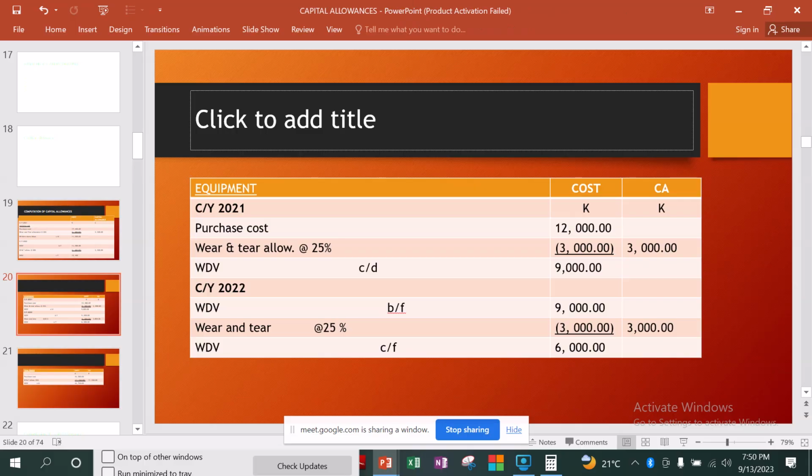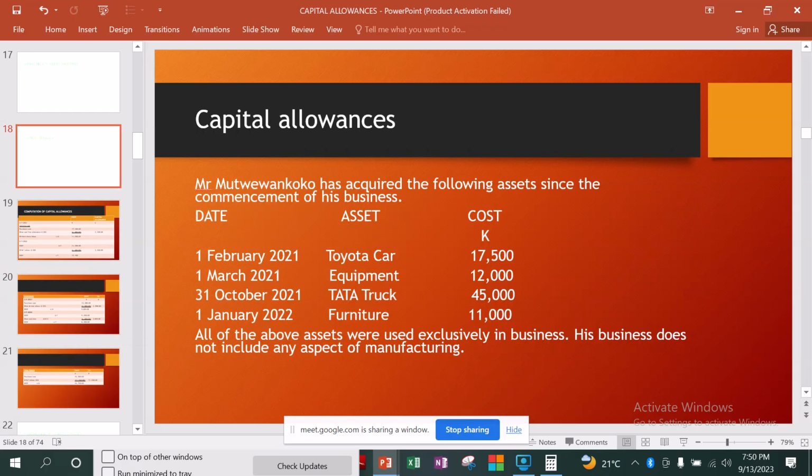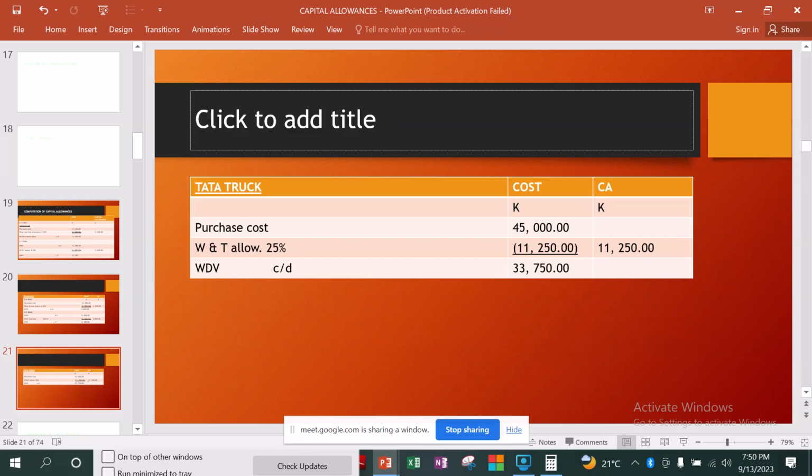Okay, so we have registered that. Then we also move to look at the other asset. Remember, we had a Tata truck as well. The Tata truck has crossed into 2022.